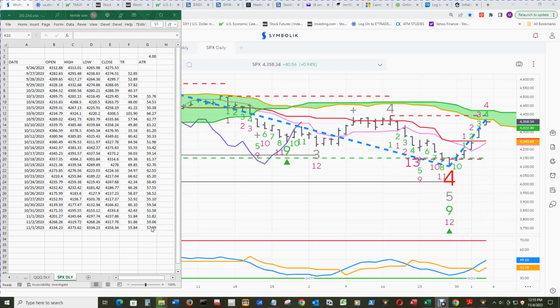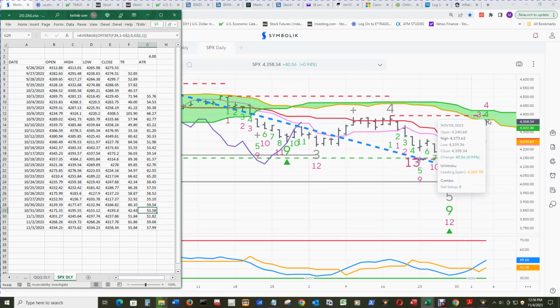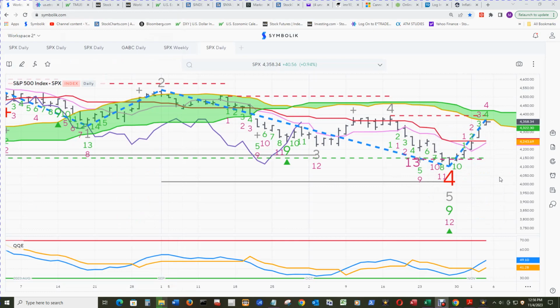You can see over here this one was lower than this one. This one was higher than that one. This one was lower than that one. So that 4-bar sequence for ATR4 failed, but this had higher highs, higher lows, higher closes, higher everything. And we got the swing point here.